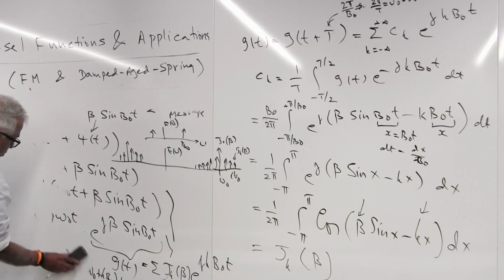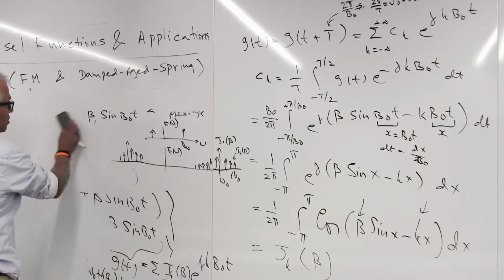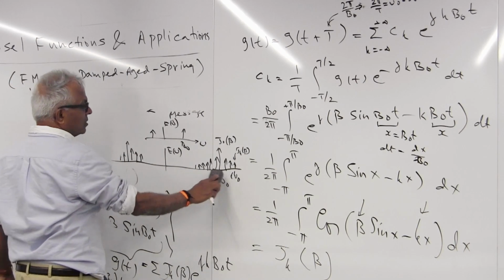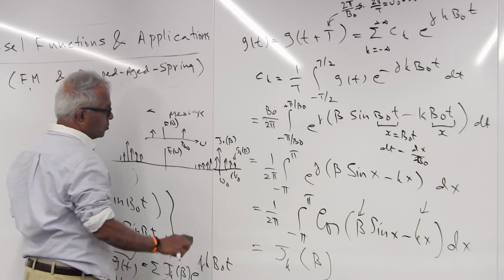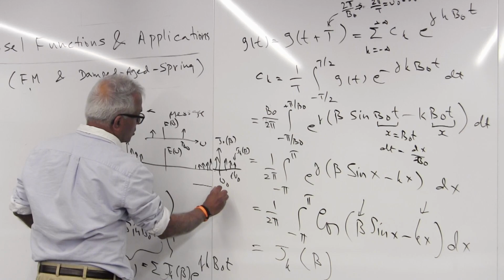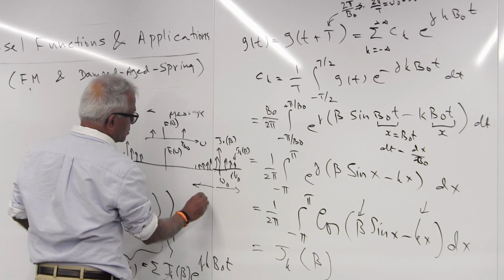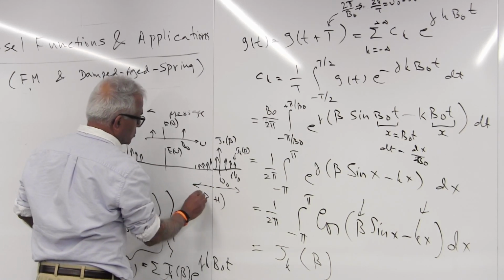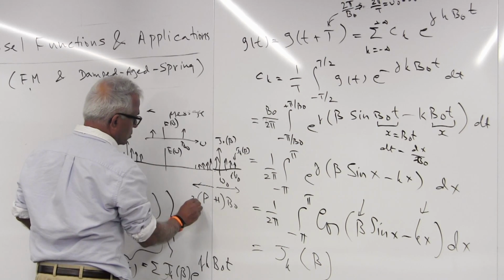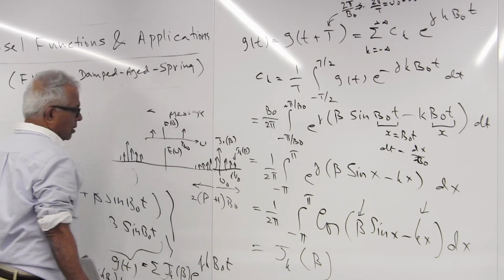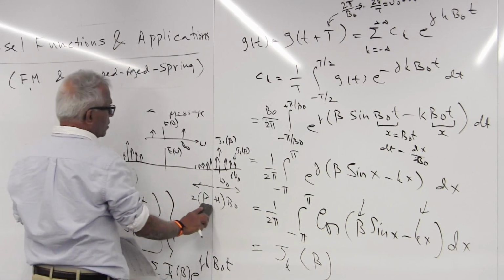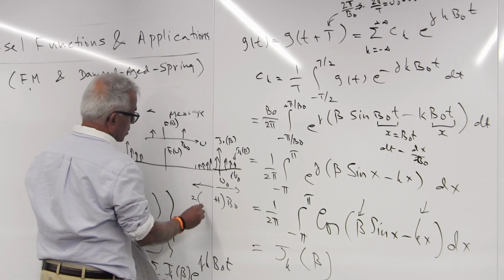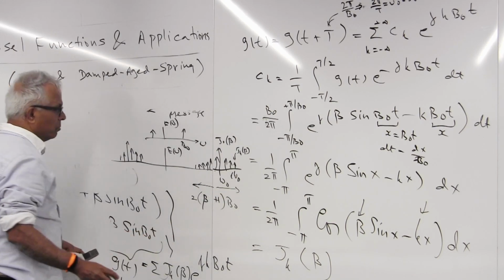For FM, even if you want to transmit a single frequency, the moral of the story is that by the time you transmit, it occupies a large bandwidth. If you use Carson's rule, this bandwidth is roughly beta plus 1 multiplied by b naught, two-sided bandwidth, multiplied by 2. So you need a premium bandwidth.